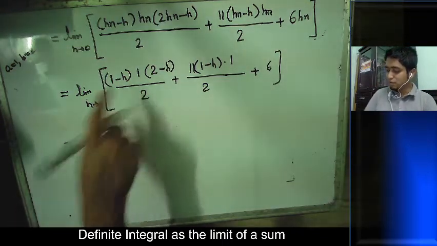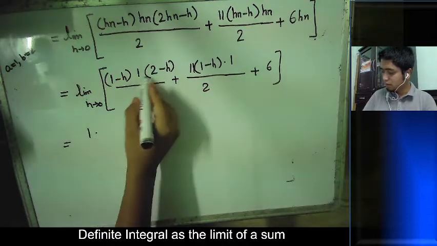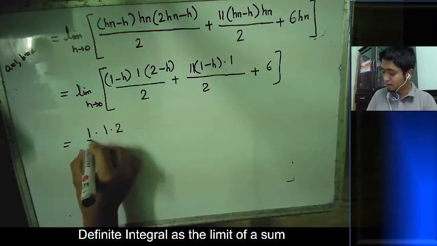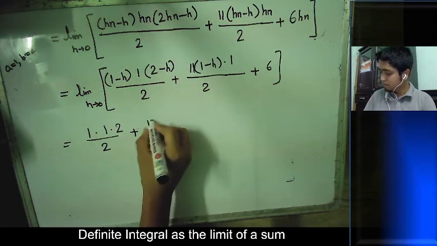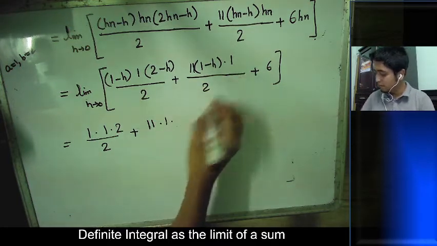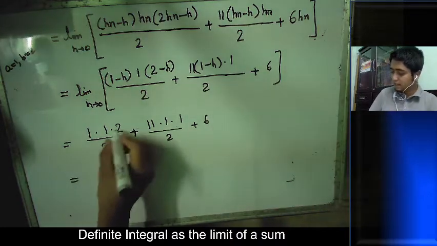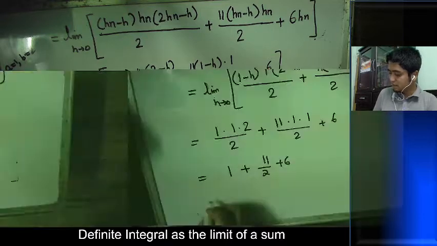Now substitute h equal to 0: 1 times 1 times 2 minus 0 gives 2 divided by 2. 11 times (1 minus h) gives 11 over 2, and over here another 1, plus 6. We can cancel, getting 1, plus 11 by 2 plus 6.